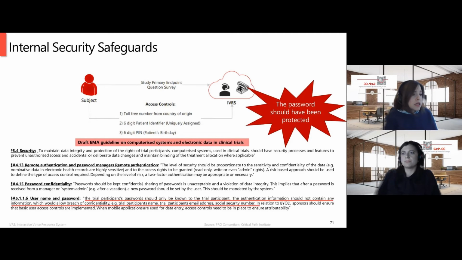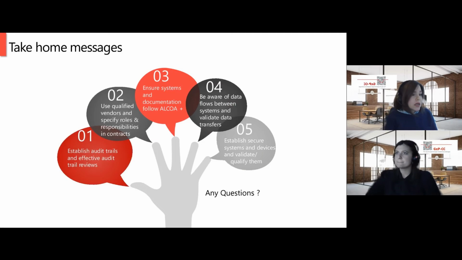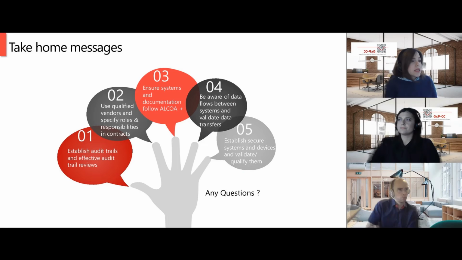And with this, we are at the end of our case studies for today. So the take-home messages are that as a sponsor, when conducting and setting up a clinical trial, it is good practice to establish audit trails and effective audit trail reviews based on data criticality.